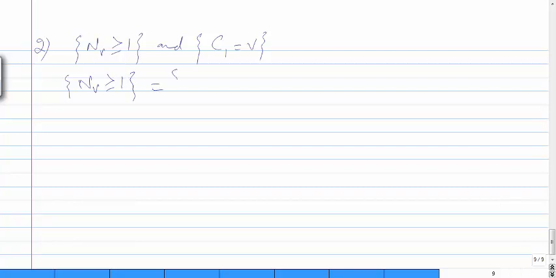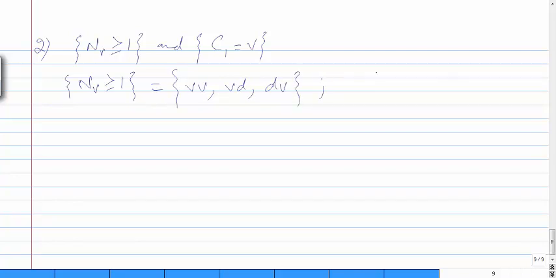Next question is the probability that NV is greater than or equal to 1 and the first call is V. Again we have to write the events first so that we can understand the outcomes. For NV greater than or equal to 1 we have VV, VD and DV.